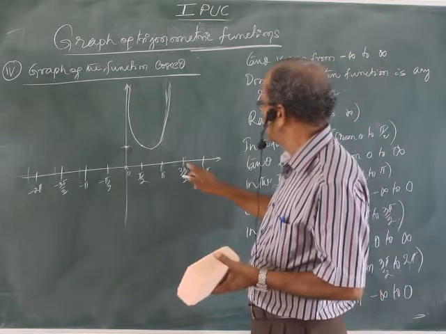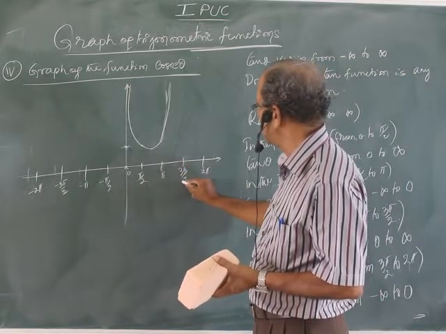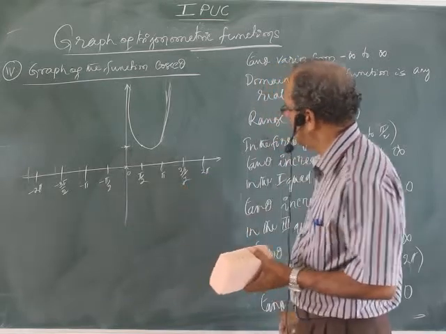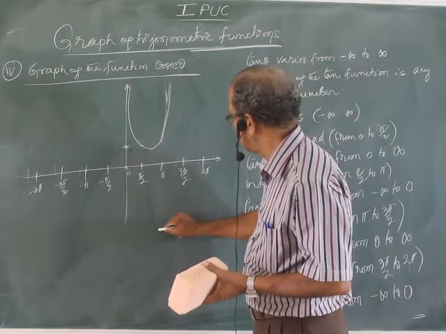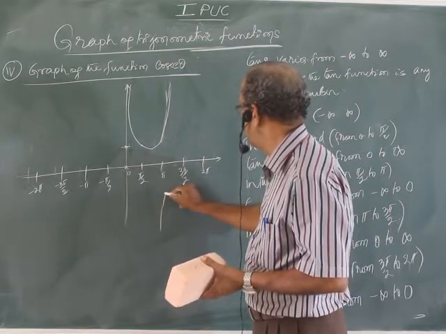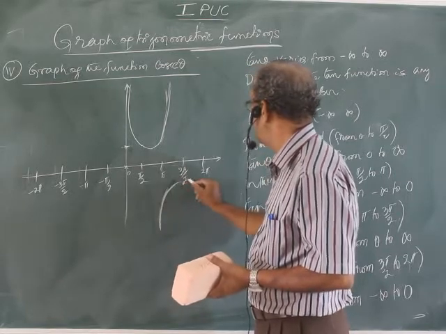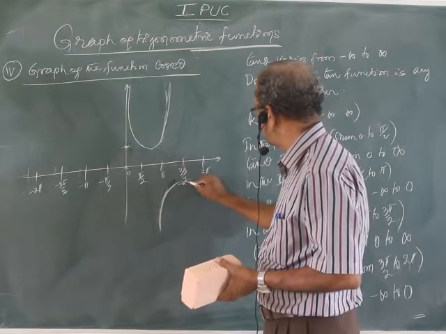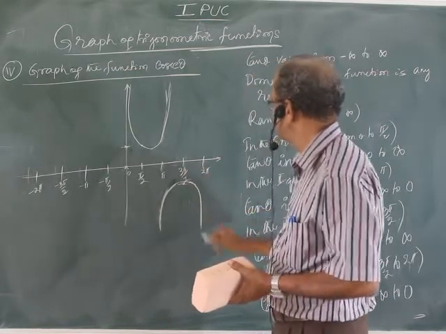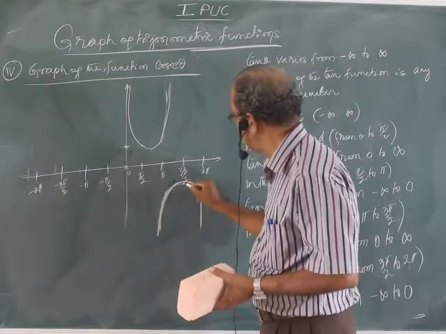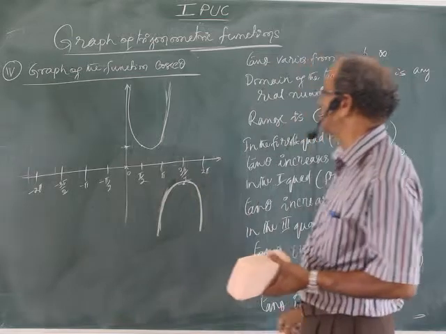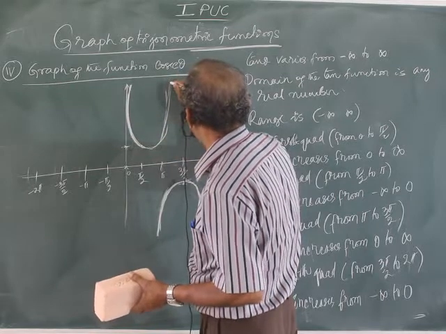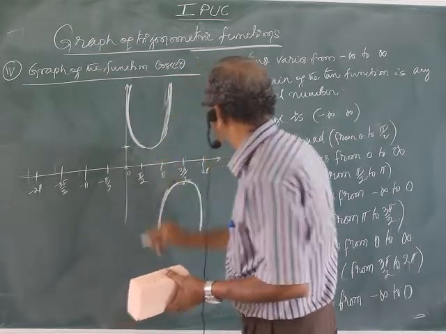Again, cosecant is minus 1, infinity, minus infinity to this. Cosecant 2 pi again not defined. Anyway, to draw the graph of the function cosecant theta, like this it comes, a rough sketch.